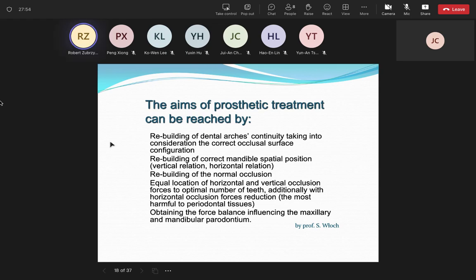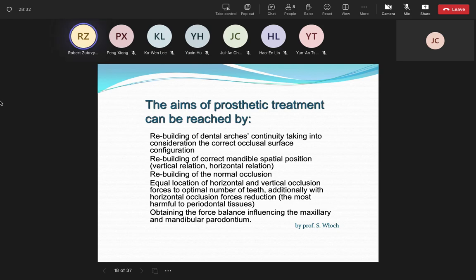And those aims can be reached by rebuilding of dental arches' continuity, taking into consideration the correct occlusal surface configuration, rebuilding of correct mandible spatial position, vertical relation, horizontal relation, rebuilding of the normal occlusion, equal location of horizontal and vertical occlusion forces to optimal number of teeth, additionally with horizontal occlusion forces reduction, the most harmful to periodontal tissues.